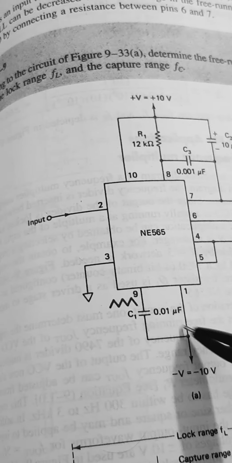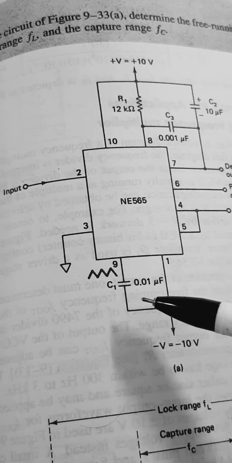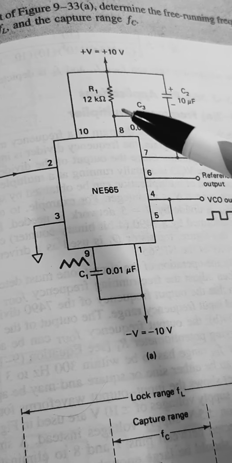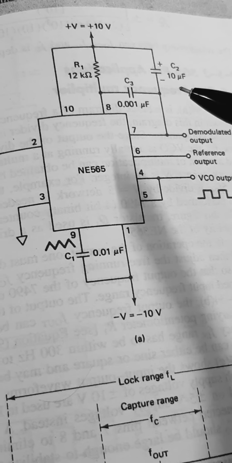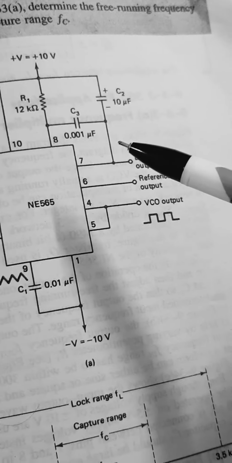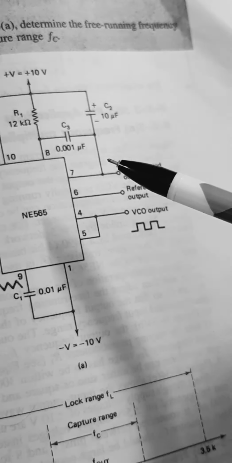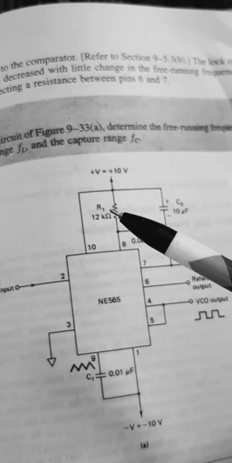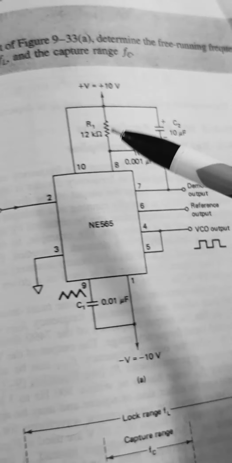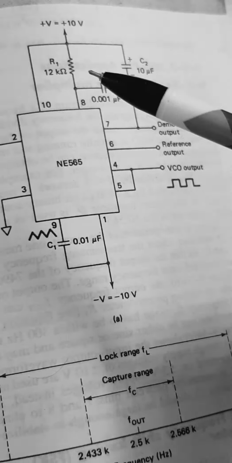In this diagram, C1 is 0.01 microfarad, R1 is 12 kilo ohm, and C2 is 10 picofarad. But I think only R1 and C1 are important. R1 and C1 are only used in these formulas.